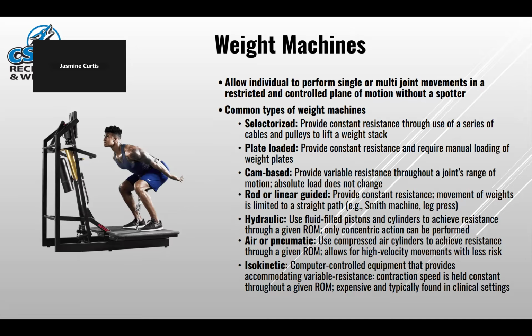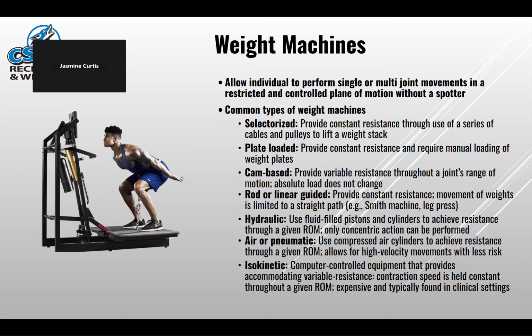And then isokinetic, kind of like we saw in that last photo, is computer controlled equipment that provides accommodating variable resistance throughout the movement. Contraction speed is held constant through a given range of motion.